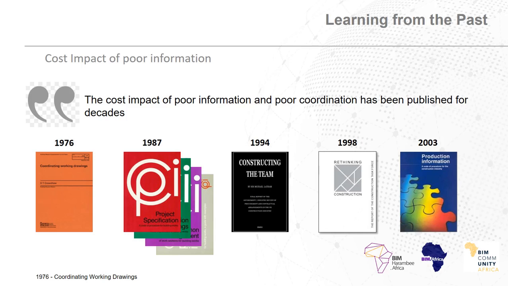Production information was published under the tagline that information is invariably inaccurate, ambiguous, and incomplete. Unfortunately, the good practice information included was not adopted by industry, demonstrating once again that we had failed to learn lessons from the past.